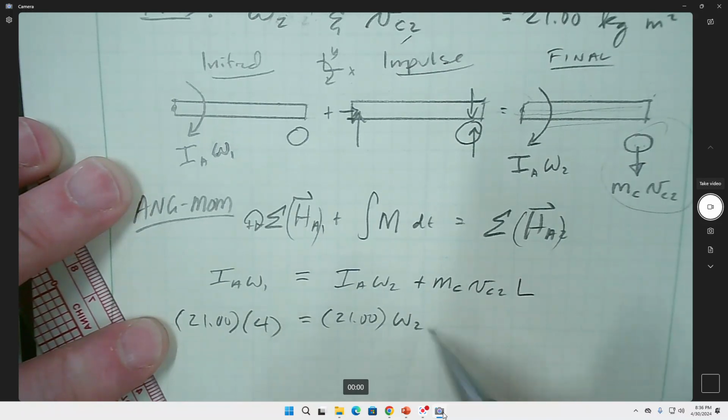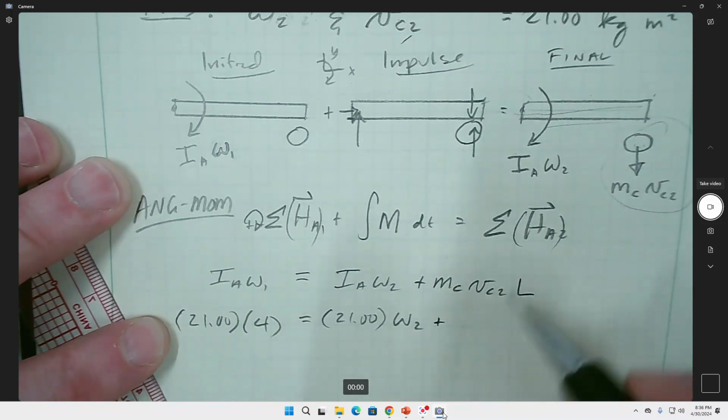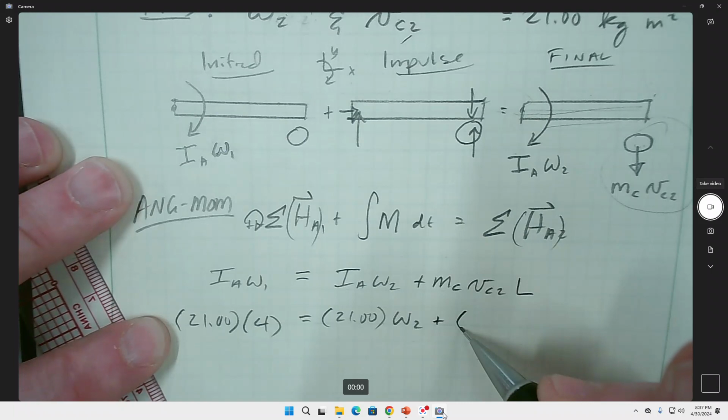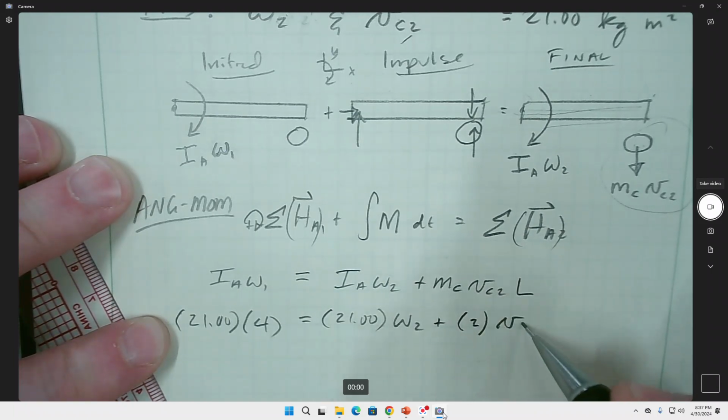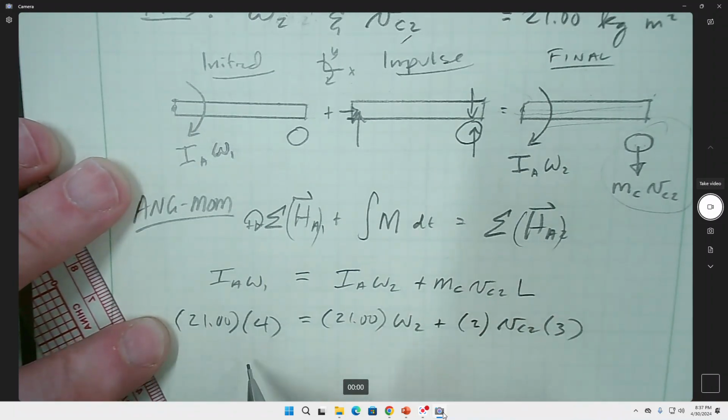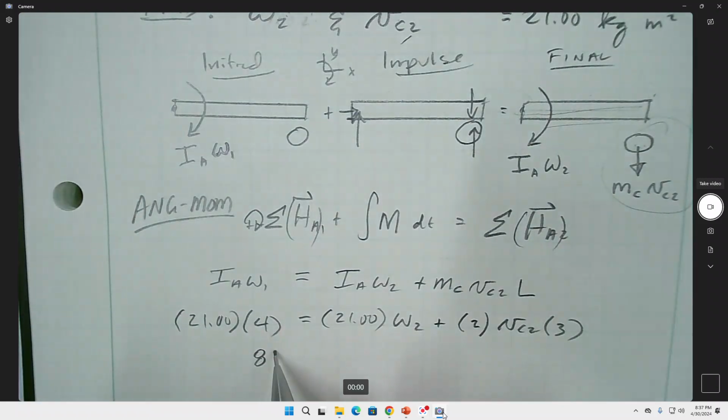We get omega 2 plus, this is 2, and we don't know this, and this is 3. And so we can come up with an equation that's, I believe this is going to be 84.